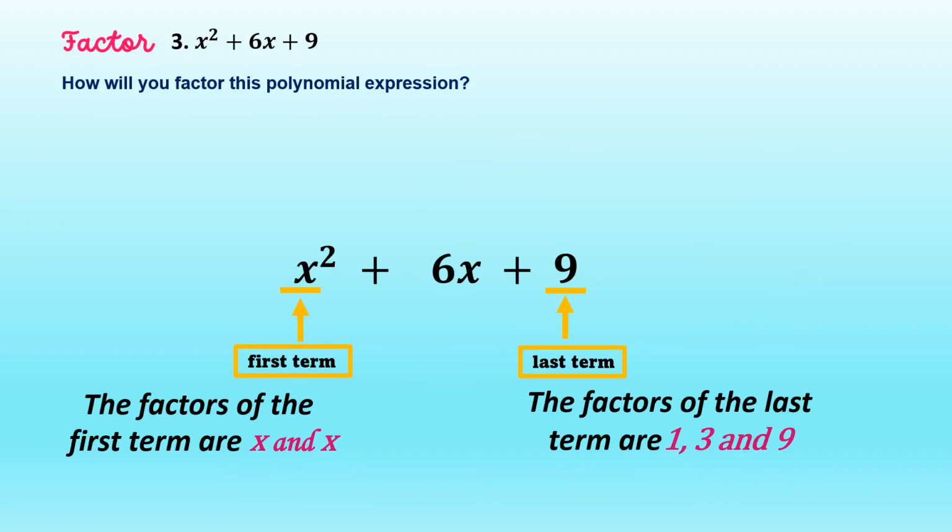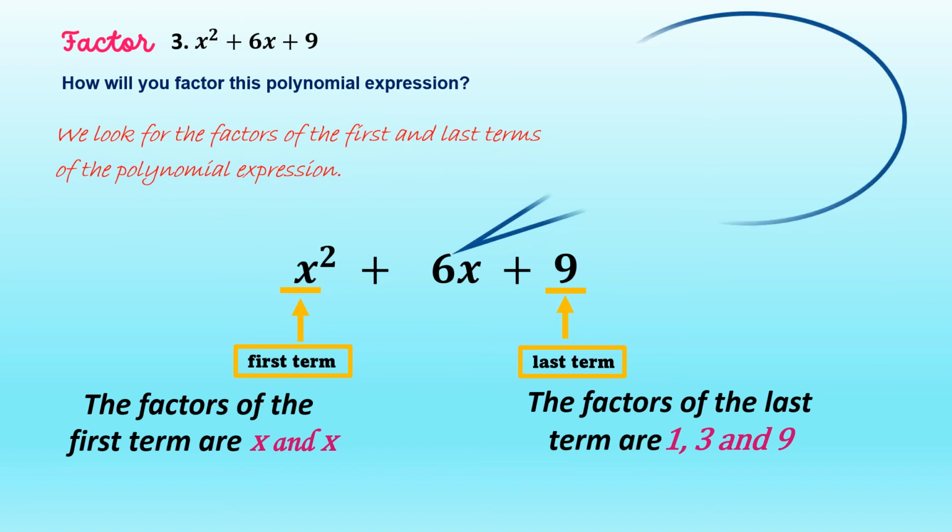How do we split the middle term of the quadratic expression, x squared plus 6x plus 9? Let us examine closely the sum and product of the factors of 9.